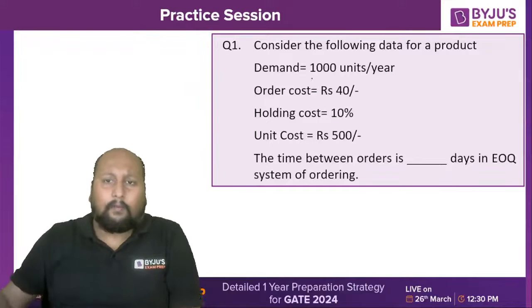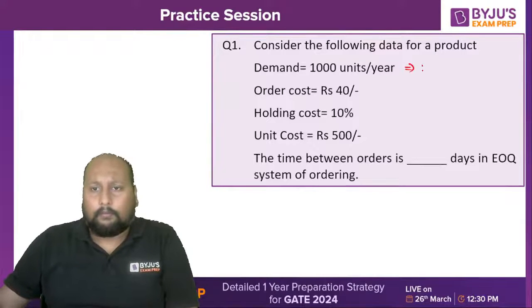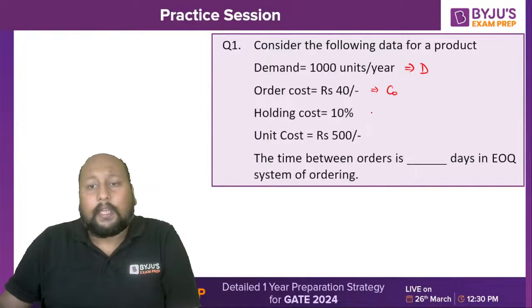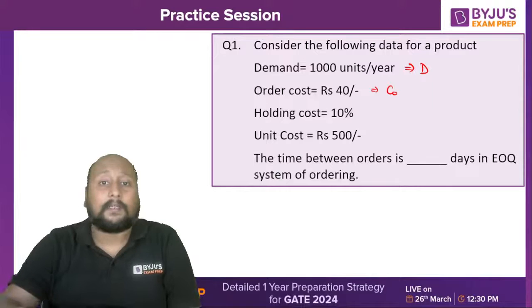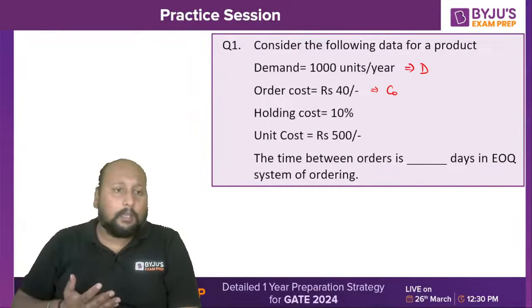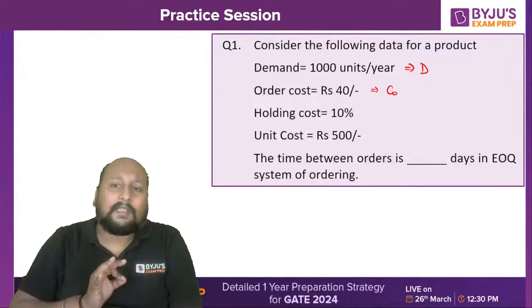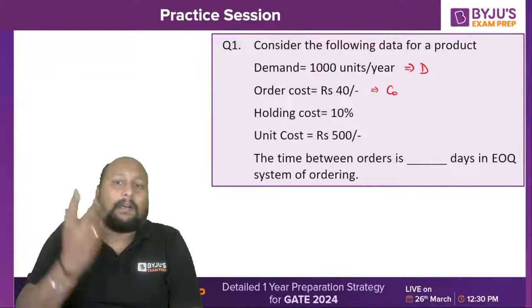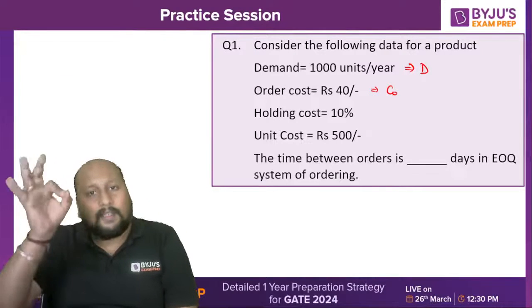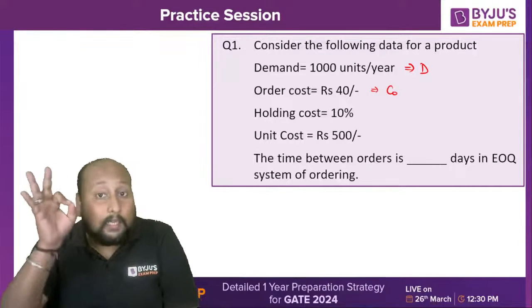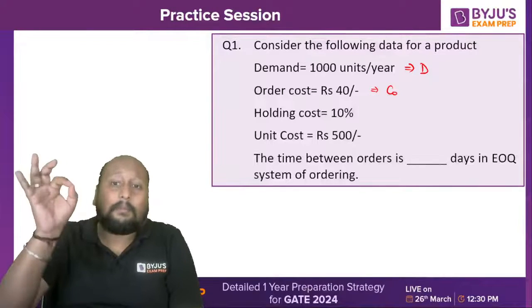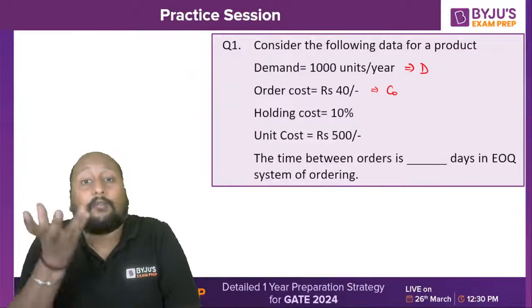Tell me the annual demand they have given. They have given the value of the ordering cost, that is CO. Now, whenever they are giving the holding cost in terms of percentage and they are not mentioning anything else, can you tell me what will be the value of CH? They are saying 10%. 10% of what? Always remember that whenever they are giving you holding cost in terms of percentage, that simply means they are talking about the percentage of unit cost.